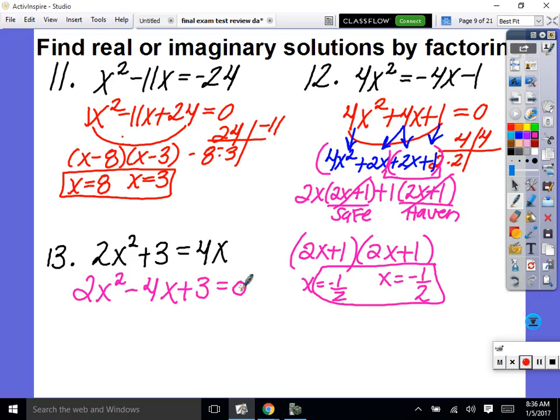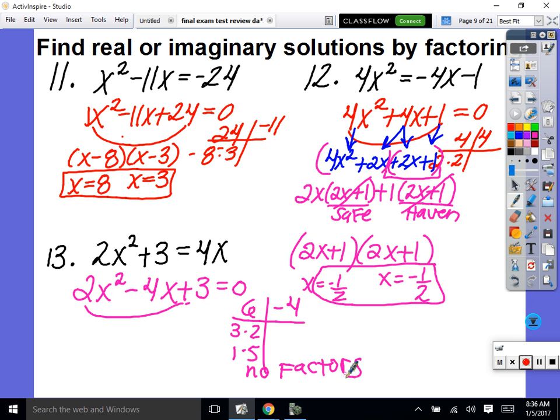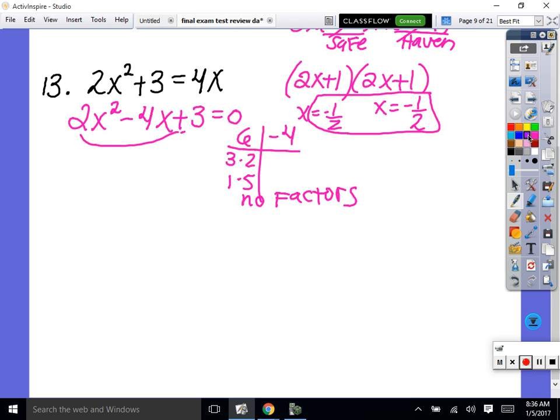All over 2. And it's the square root. Plus or minus outside of the square root.